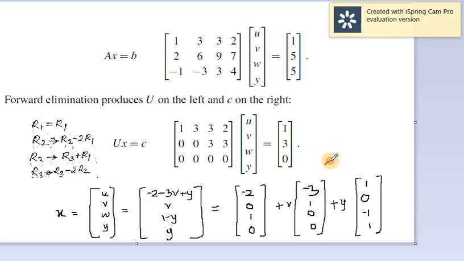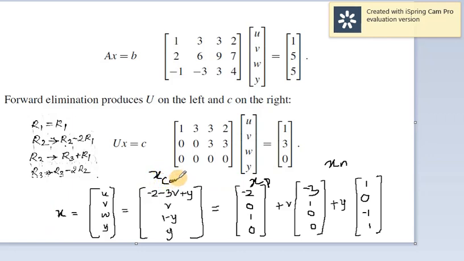These two are null spaces. This is xn, we can write null space, and the rest one, this one, is nothing but xp. It is referred to as xp, and xp is nothing but a particular solution. So now x can be written as x complete.